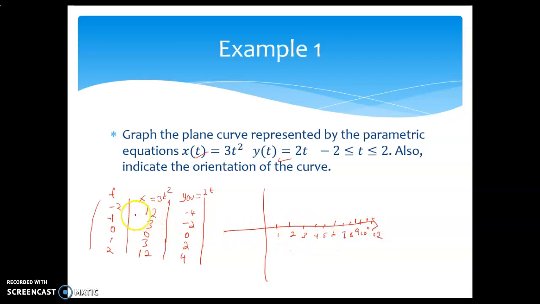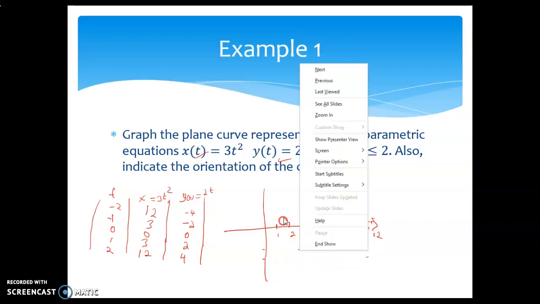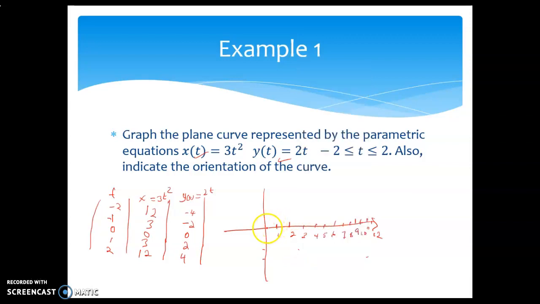As you know, here is -2, this is -1, and here is 0. So -2 coincides with 12, and then -1 coincides with 3, and the same with 1 and 2. It's going to look something like this. Since we start with -2 from here, we're going to go like this.